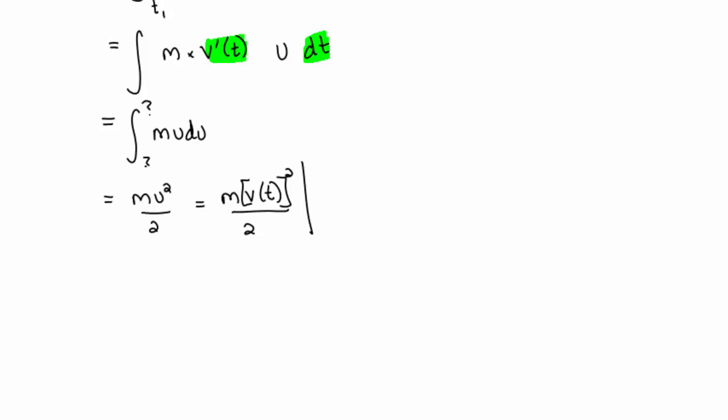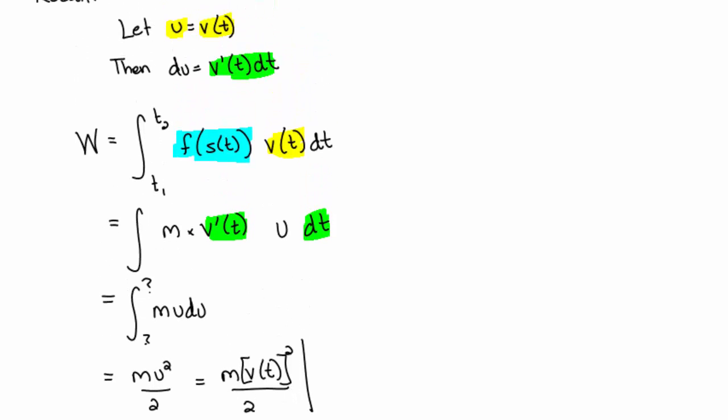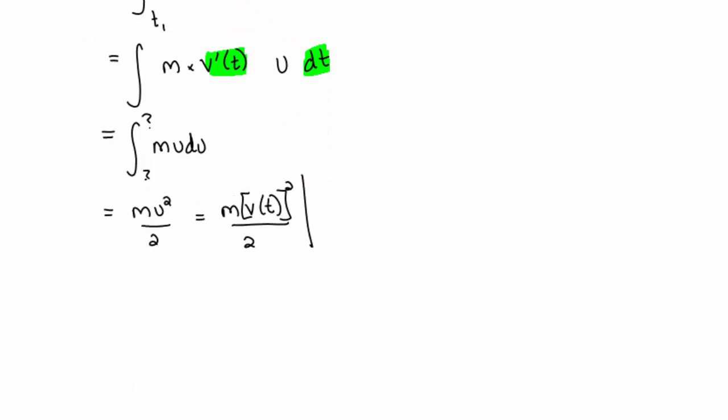And when we are working with v of t, like this guy right here, we're going from time 1 to time 2. And that is going to be 1/2 mass times the velocity at time 2 squared minus 1/2 the mass times the velocity squared at time 1.